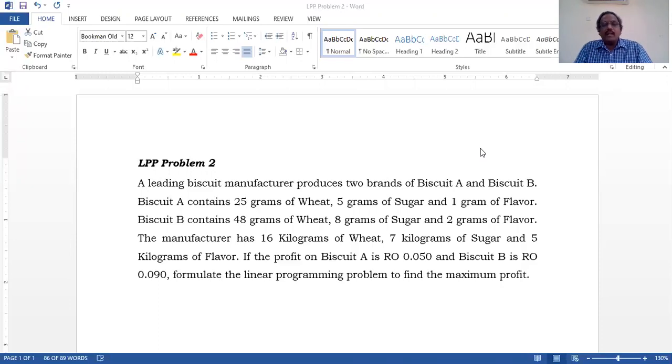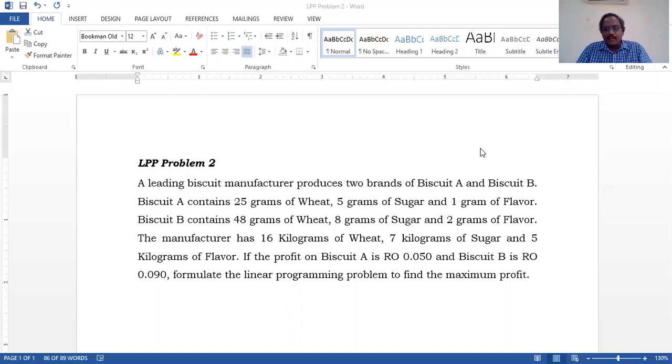The manufacturer has 16 kilograms of wheat, 7 kilograms of sugar, and 5 kilograms of flavor. If the profit on biscuit A is 0.050 and biscuit B is 0.090, formulate the linear programming problem to find the maximum profit.